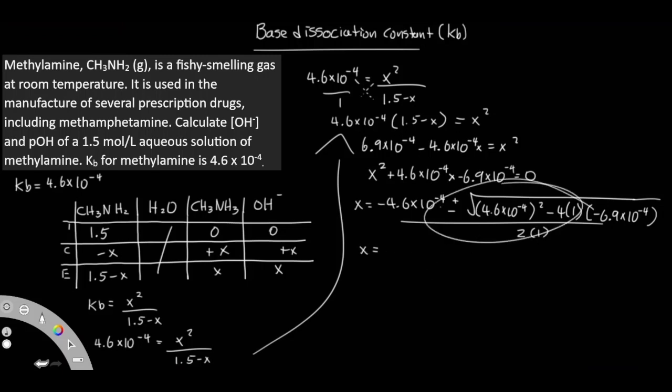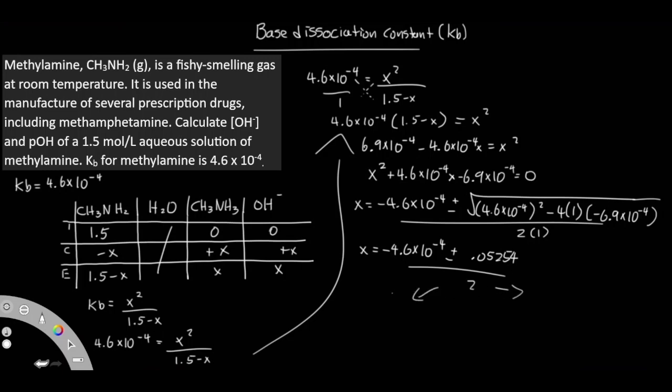If you do your little calculation here, you end up getting a value of x equals negative 4.6 times 10 to the negative 4 plus or minus 0.05254, all over 2. Now we can subject them into the positive route or the negative route.